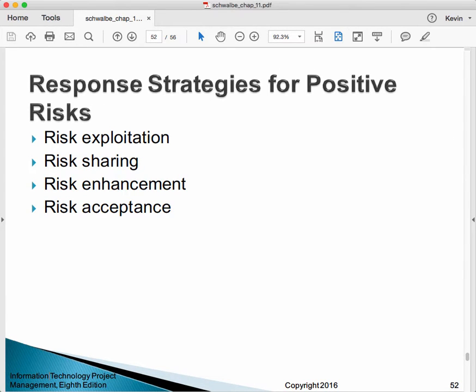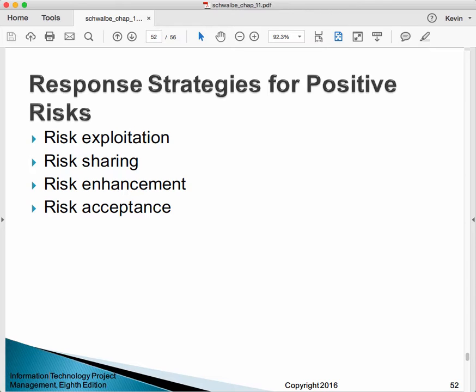Now, the response strategy categories for positive risks are just a little different because it's kind of the other side of the same coin. Okay, so our talk about it and our thinking about it, you might say it's reversed or reflected. I don't know what you want to say. So we have risk exploitation, risk sharing, risk enhancement, risk acceptance. So risk exploitation.